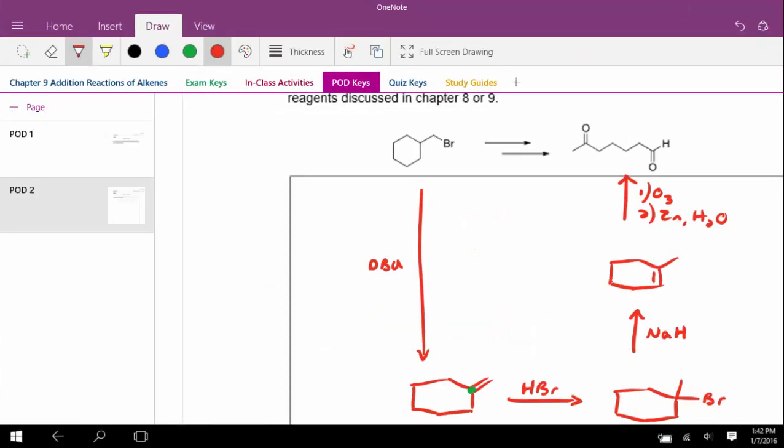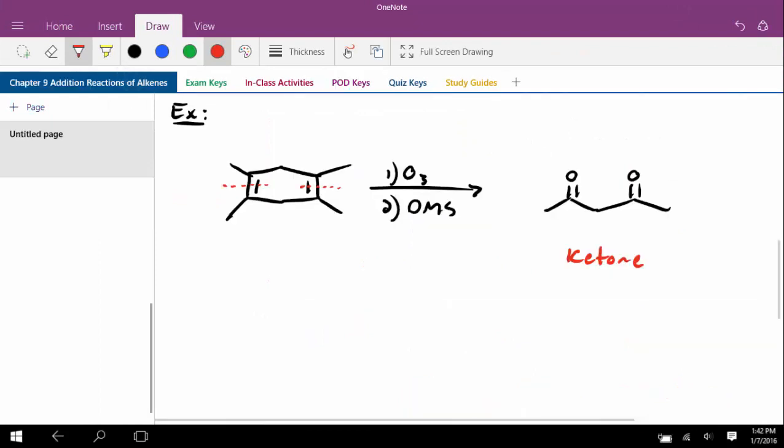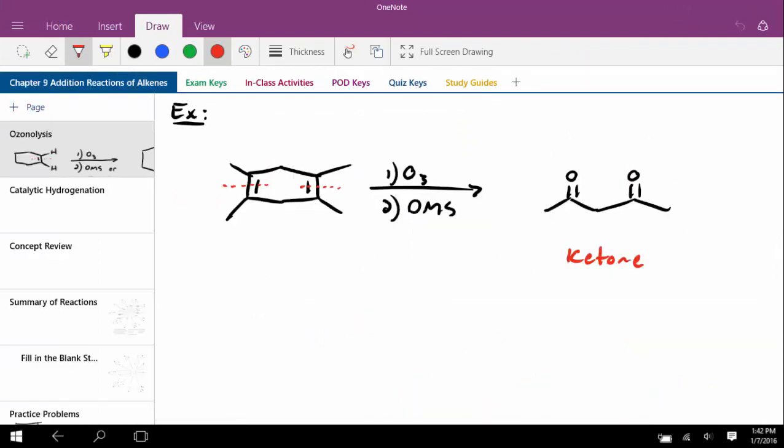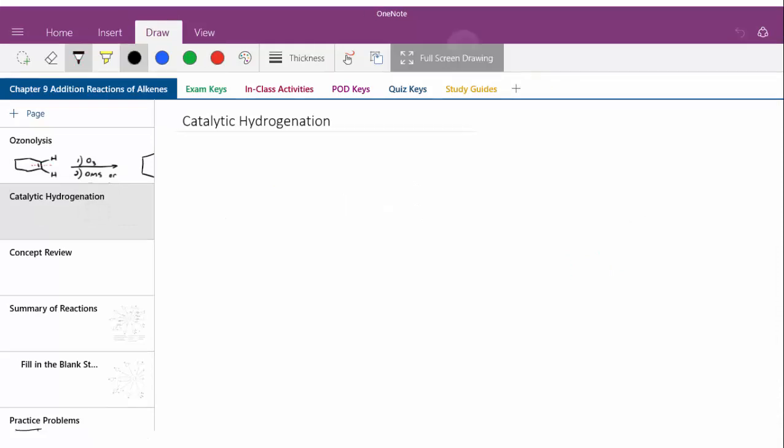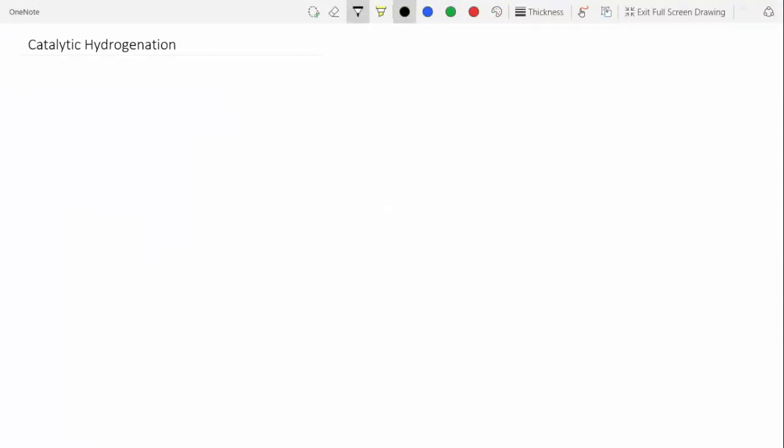All right, so let's cover our last reaction for Chapter 9. Last reaction for Chapter 9 is catalytic hydrogenation. Do we have to memorize all the names of it? I'm not super interested in the names, but I want you to know what reagents are needed and what the transformation is.